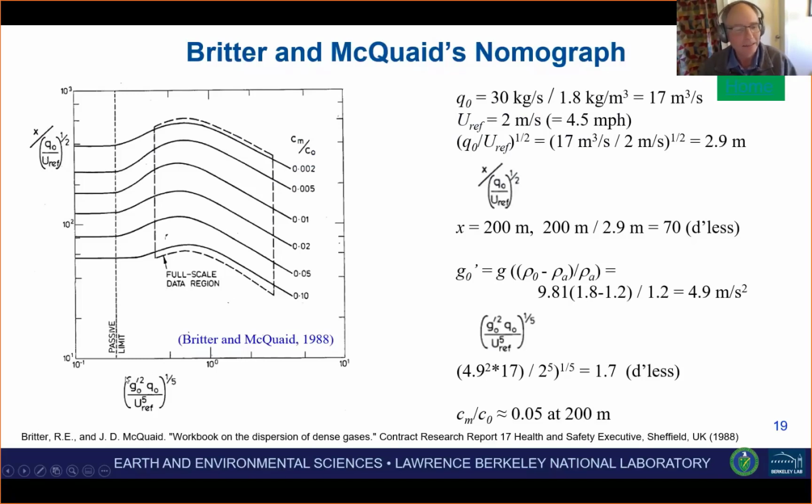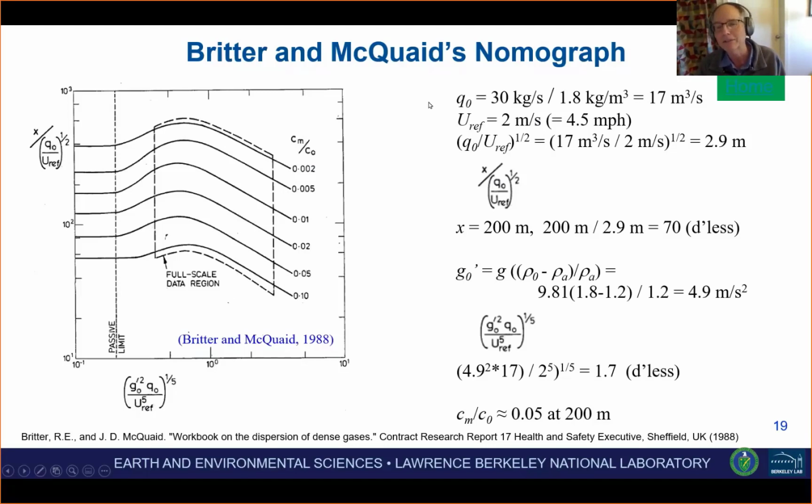And so you can see this familiar-looking quantity on this x-axis and this other quantity on the y-axis, and then sort of a third dimension plotted here of the Cm over C0, and it says full-scale data region. So they had data in this sort of region as plotted as a function of these different variables, and they had observed these dilution factors for the plumes that they experimented with.